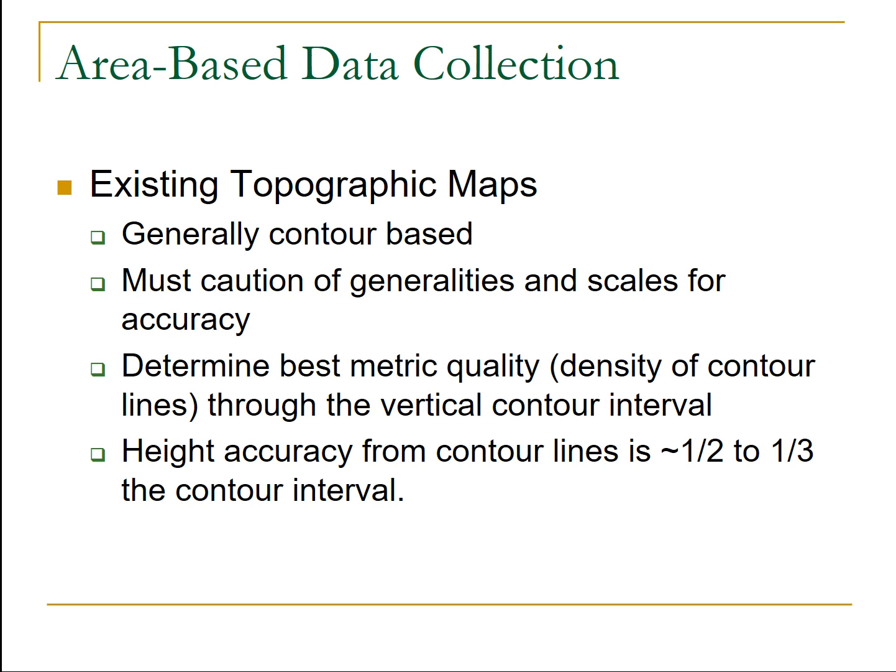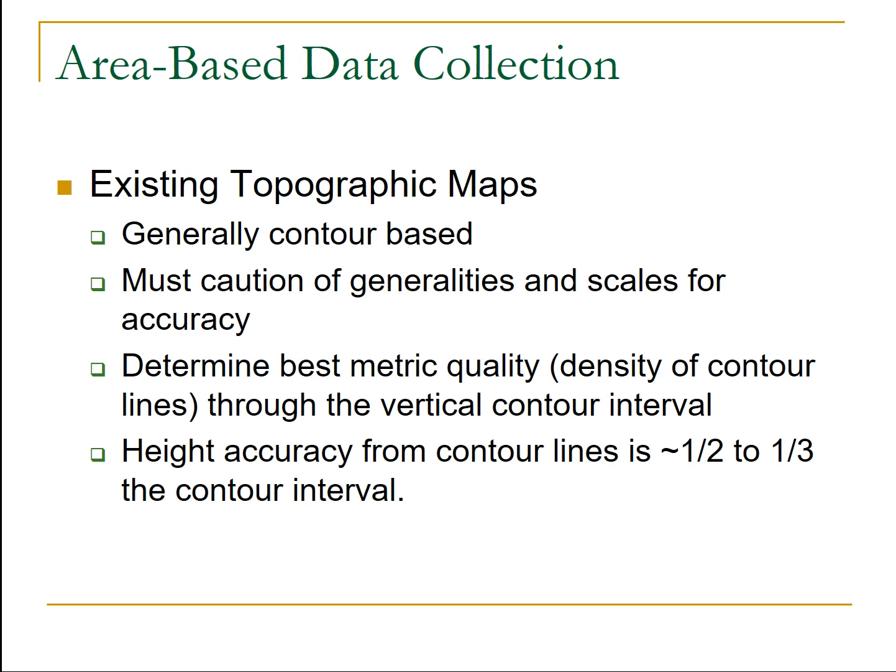It's more the human-based stuff that changes faster than the natural. But we have to be careful about generalities. If they've generalized something, what are we really looking at? And what is the scale? Because again, you only get a certain accuracy when you scale something down.